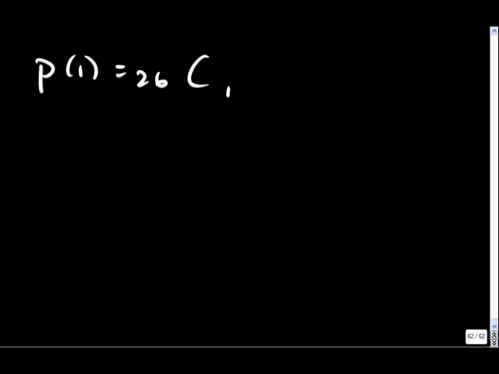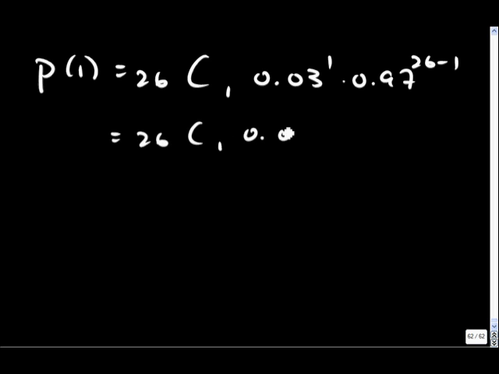That was back in 3. 0.03 to the first power. The complement, 0.97, 26 minus 1. 26C1, 0.03 to the first power, 0.97 to the 25th power.